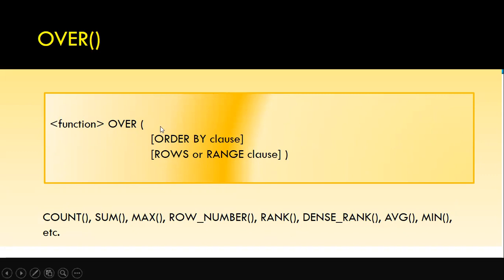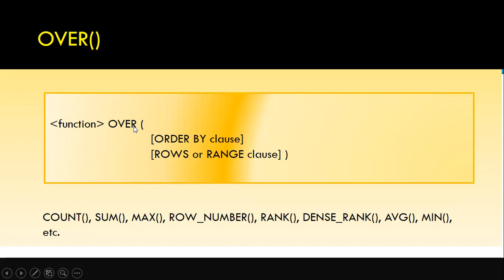For example, you want to find the sum of sales over an order by clause and a rows or range clause. You can combine count, sum, and max, which are aggregation functions, in conjunction with the OVER function.